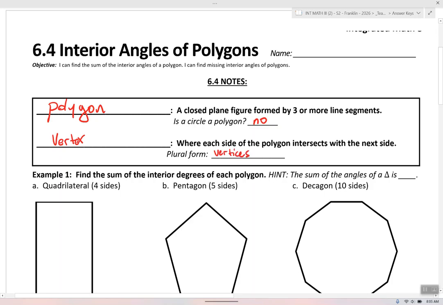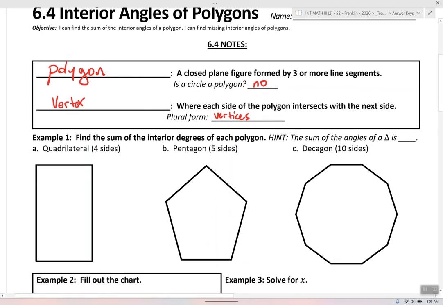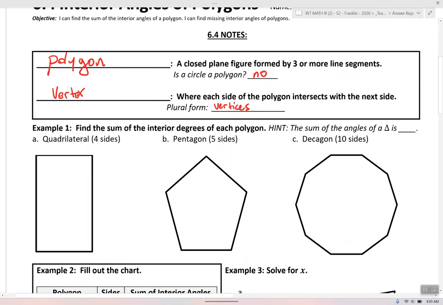Now these are where each side of the polygon intersects with the next side, and they form angles. Each vertex has an angle. So what we can do is figure out the total sum of the interior degrees of each of the angles of each polygon. And we can do that by splitting each polygon into triangles. If you remember, the sum of the angles of a triangle is 180 degrees.